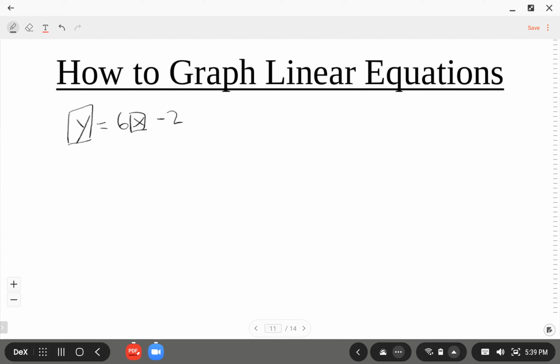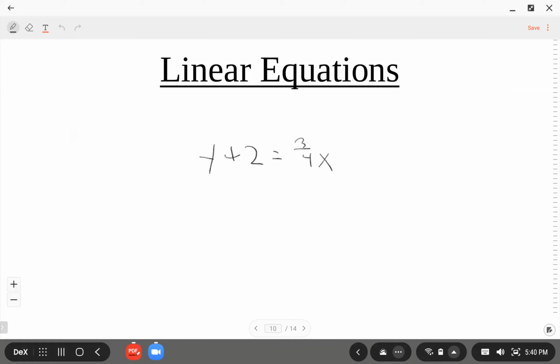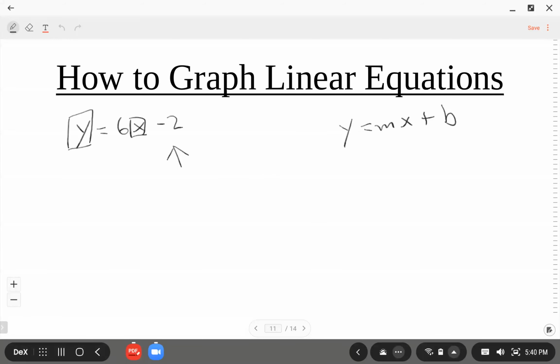To graph a linear equation, you have to put this equation into slope-intercept form. And to put this equation into slope-intercept form, you have to follow this, okay? Slope-intercept form is like this. Y equals mx plus b, okay? And Jocelyn's example is already in slope-intercept form. So my example, y plus 2 equals 3/4 x, isn't in slope-intercept form yet.